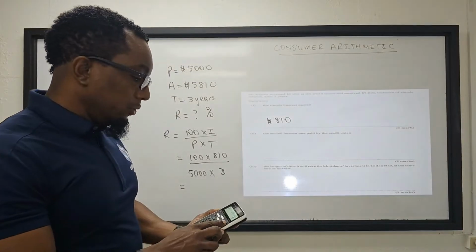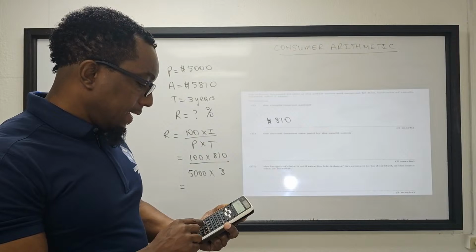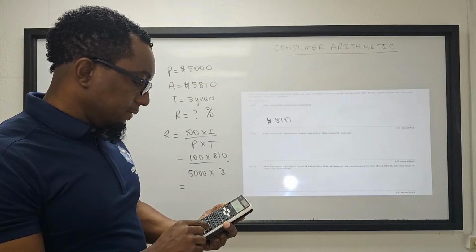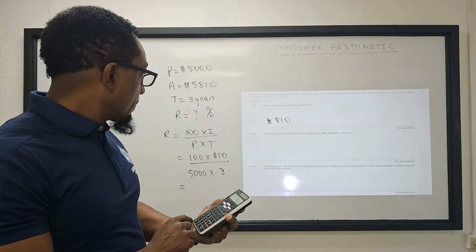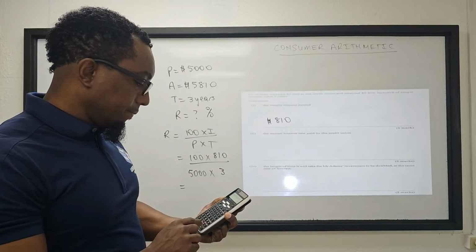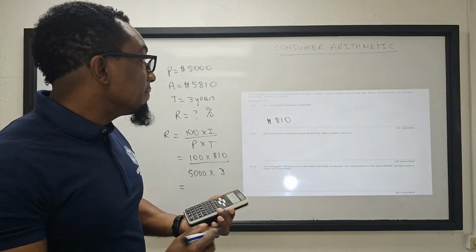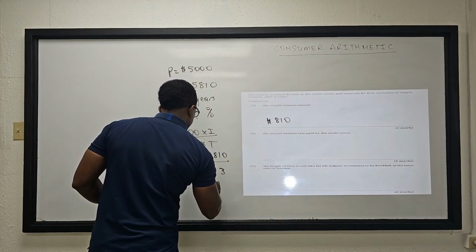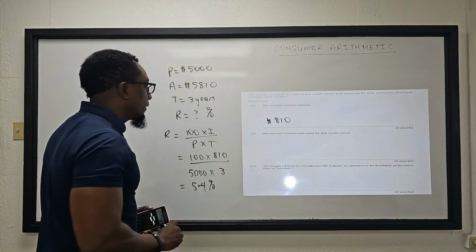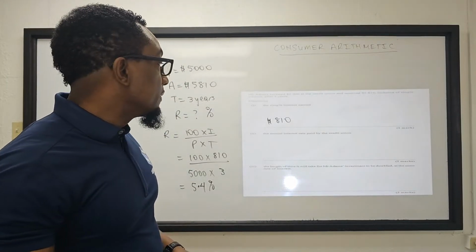This will be 100 multiplied by 810 divided by 5,000 times 3. So you're going to get a rate of 5.4%. Keep in mind our rate is always represented as a percentage.